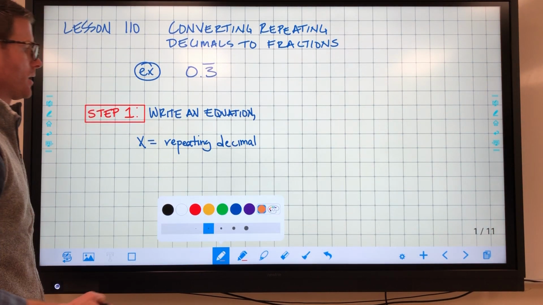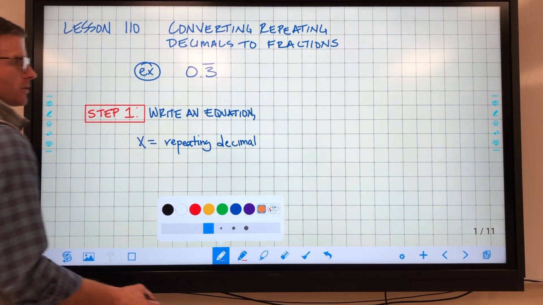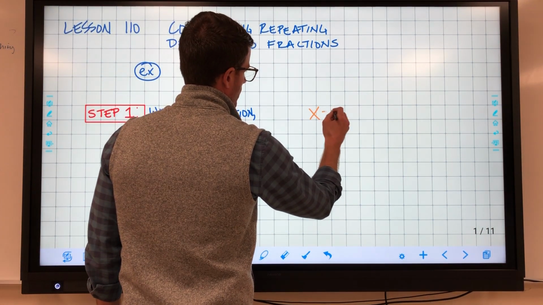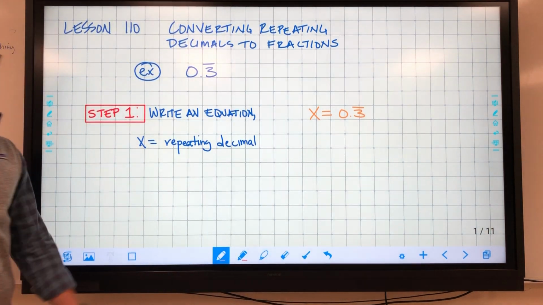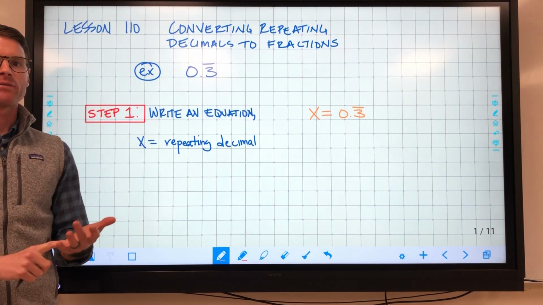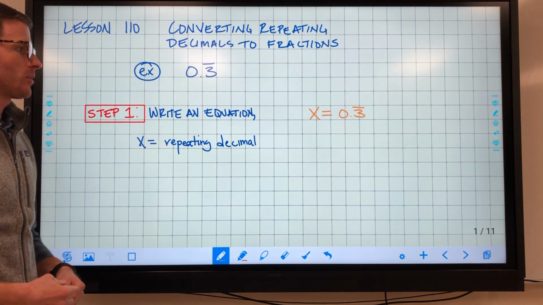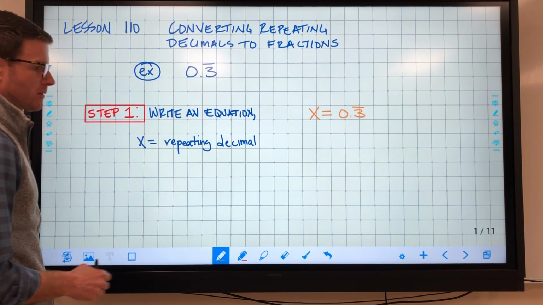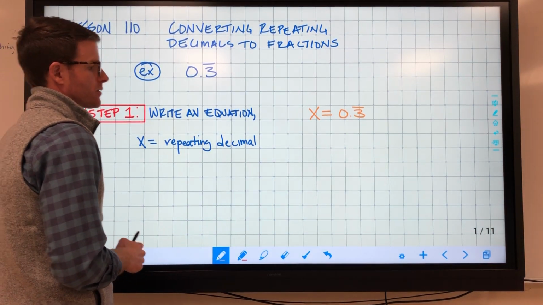So x equals, step 1, I'm just writing this as x equals 0.3 repeating. That's my first step. That's my first equation, and it's going to come in handy later in a couple steps.